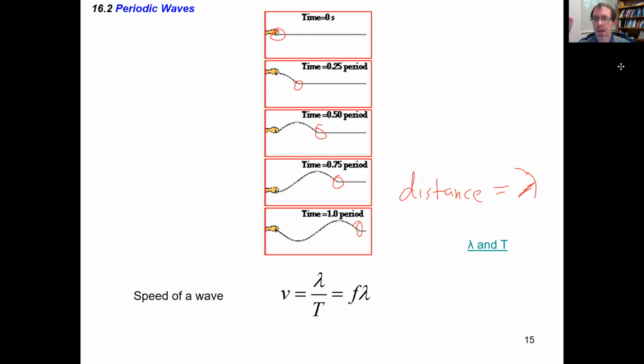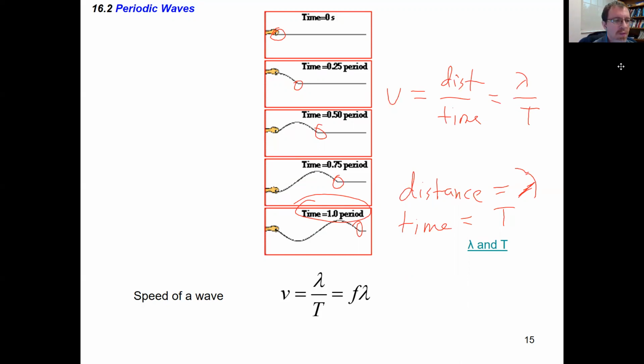Well, how much time was the wave moving as it traveled? We can see that the time is the time for one cycle. So what's the time for one cycle? It's the period. And I'll remind you that speed is distance over time. So we can say that the speed of our wave is wavelength divided by period.